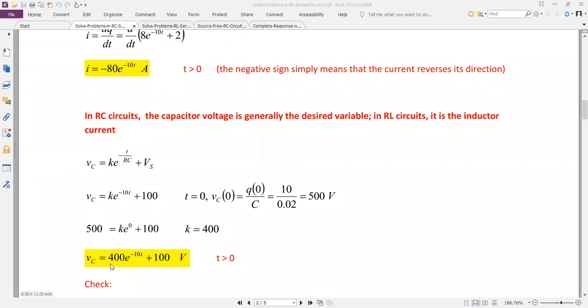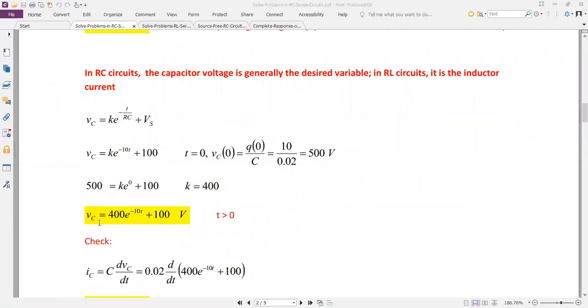As for the formula that will allow you to solve for the voltage across your capacitor given the time, which is greater than 0, the formula is this: 400 e raised to negative 10t plus 100. However, class, this formula is only true for the circuit that we're talking about, because the values that we are substituting are only true for that particular circuit.